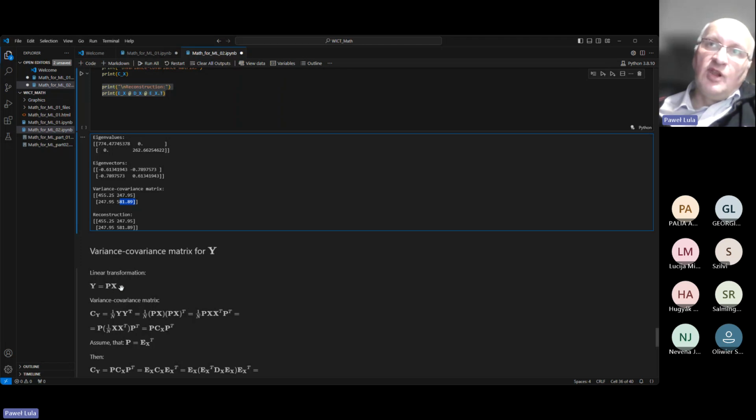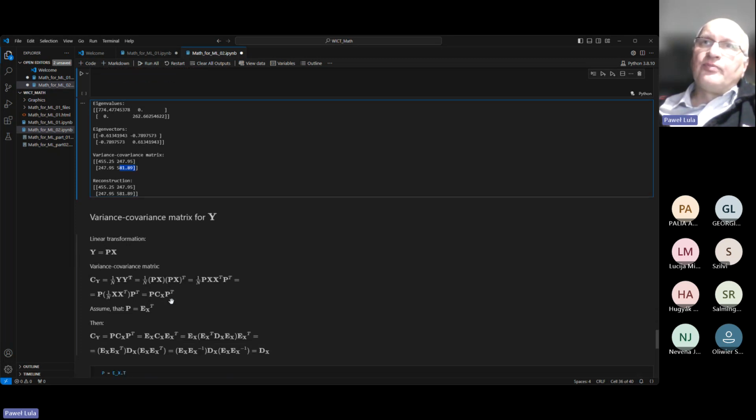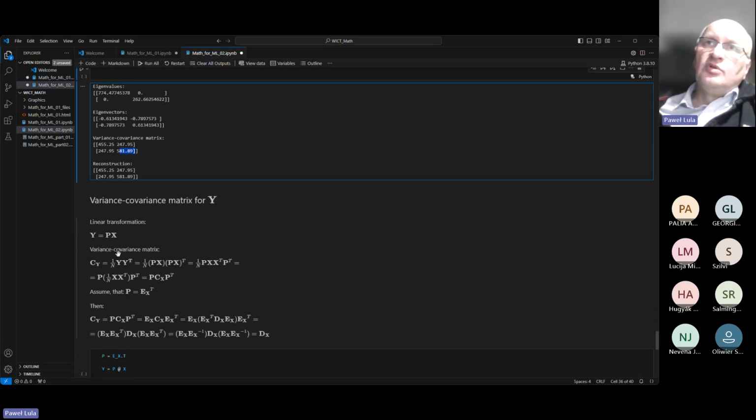We are going to perform these calculations here to transform X data, the original data, using the P matrix as a matrix defining a transformation, and I'm going to find coordinates of these objects in this new coordinate system. And these values I'm going to have in this matrix Y. So I'm going to calculate now the variance-covariance matrix for our new data.